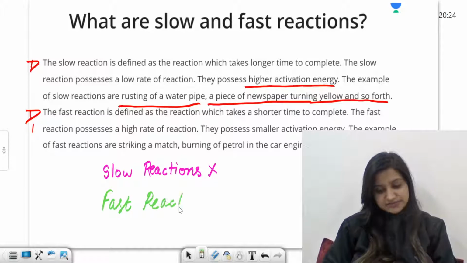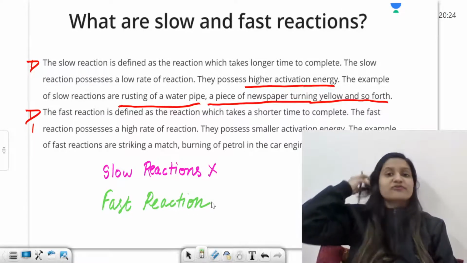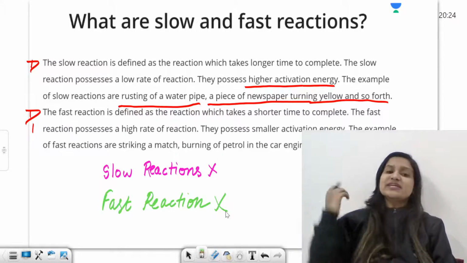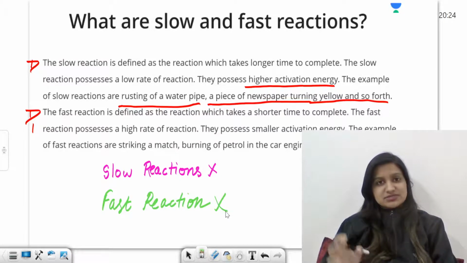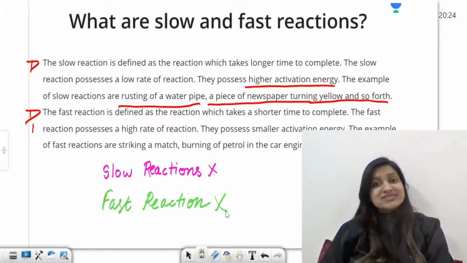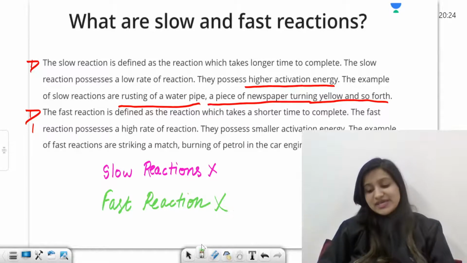For now, we are not interested in either slow reactions or in fast reactions. I've just made you understand what these are. Then you will ask, ma'am, in what kind of reaction are we interested?